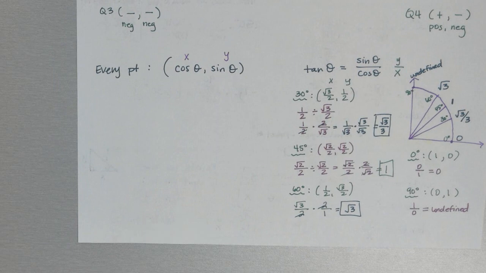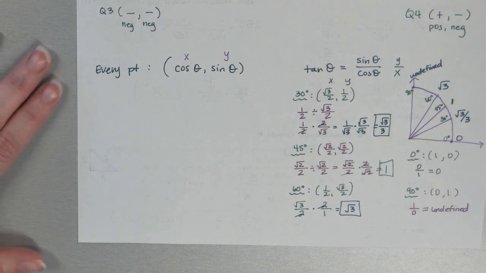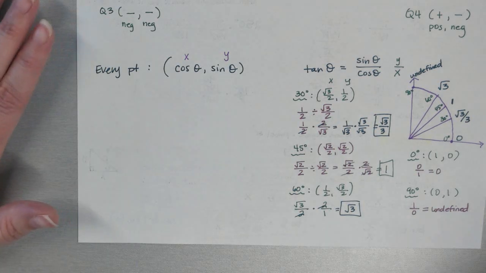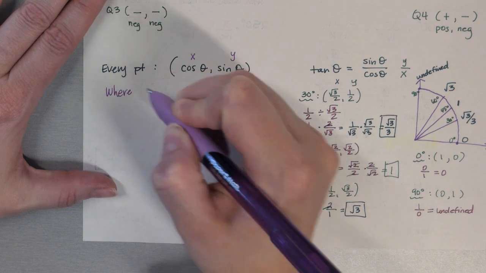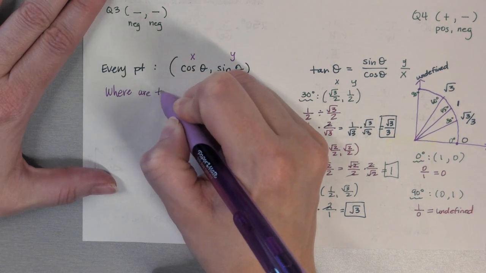All right, now another thing that we have to know is we want to know where trig functions are positive and where they're negative. So there's a special way for us to remember where trig functions are positive.